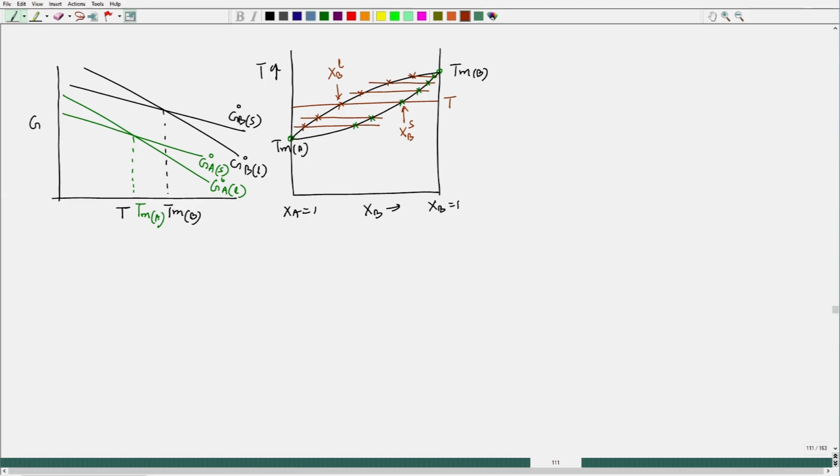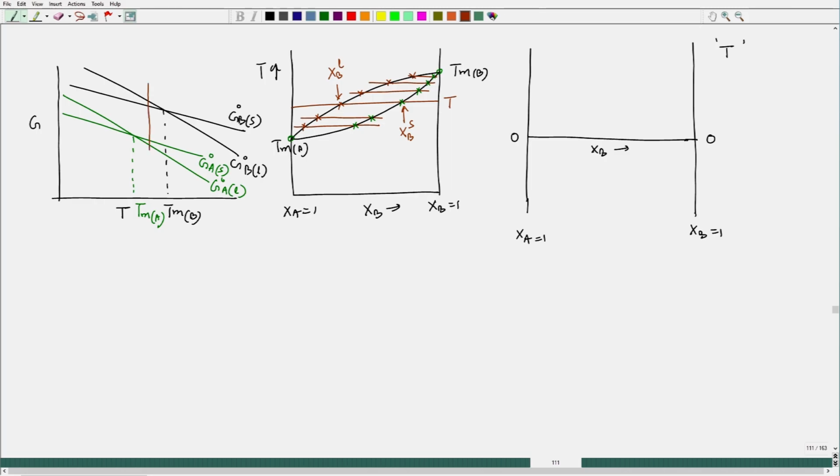Now, if I do the free energy composition diagram at T, the diagram would look like this. This is XA equal to 1, this is XB equal to 1, 2 extreme compositions, XB would be varying this way, and these are the 2 zero points, and we are trying to do it at temperature T. Okay. So, now at temperature T, if we try to find out the reference 0 value for the free energy of pure A or B, the temperature is actually lying in between the 2 extreme temperatures, the 2 melting points.